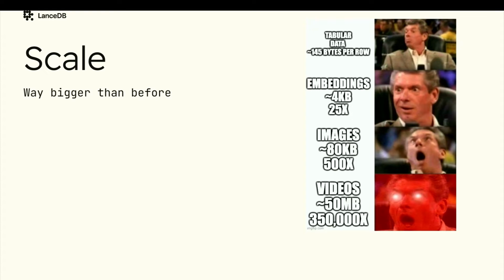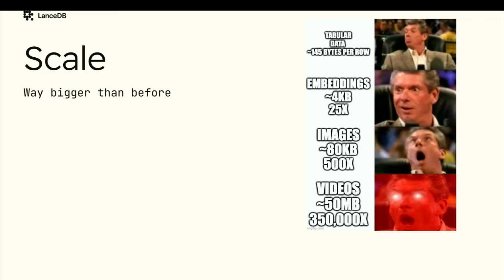All right. So number one is scale. Especially with AI and with multimodal data today, it's much bigger than before. If you look at a tabular data set, roughly each row is about 145 bytes. If you add embeddings in there, it becomes about 20 times larger. If you have images or videos, they become extremely large very quickly.